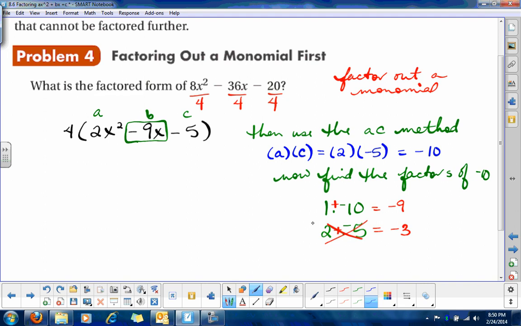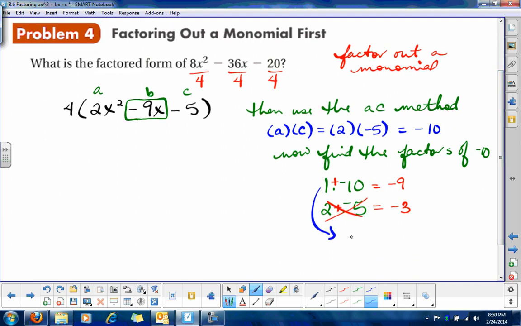Use these factors to rewrite b. Okay? All right.